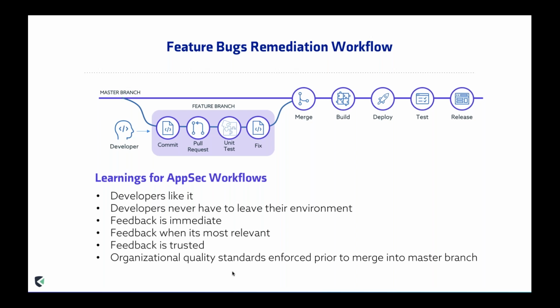And second, there are standards that the organization has set that are applied to the individual. And because those standards exist, the individual winds up being accountable for their own code, because this is all happening in their own feature branch, right? It's very clear whose code broke the app.